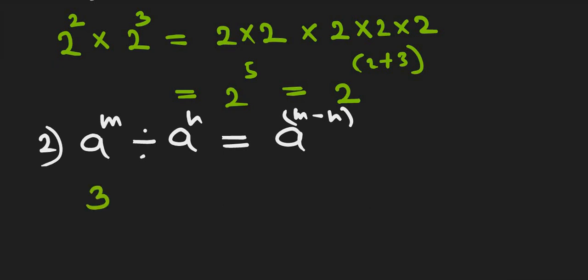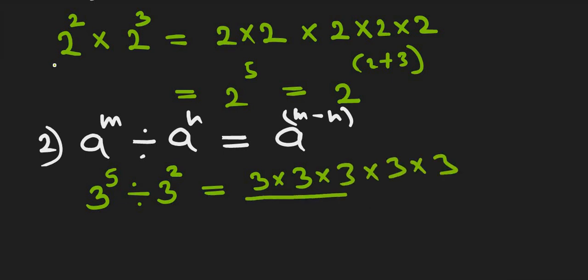Consider this: 3 to the power 5 divided by 3 to the power 2. So in this case, it is like 3 multiplied 5 times divided by 3 multiplied 2 times.